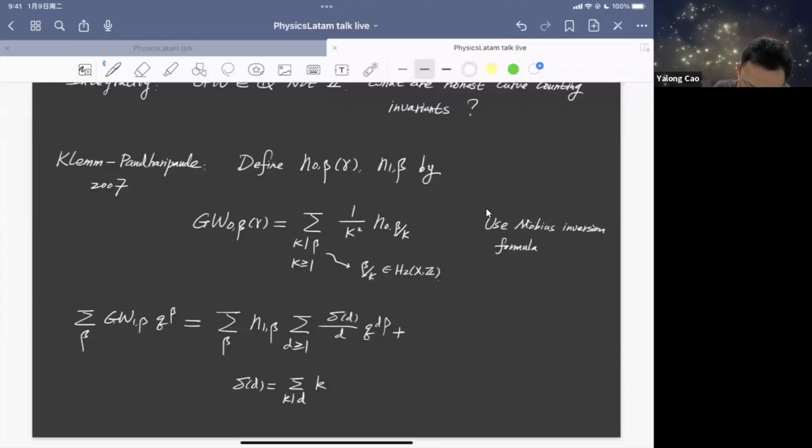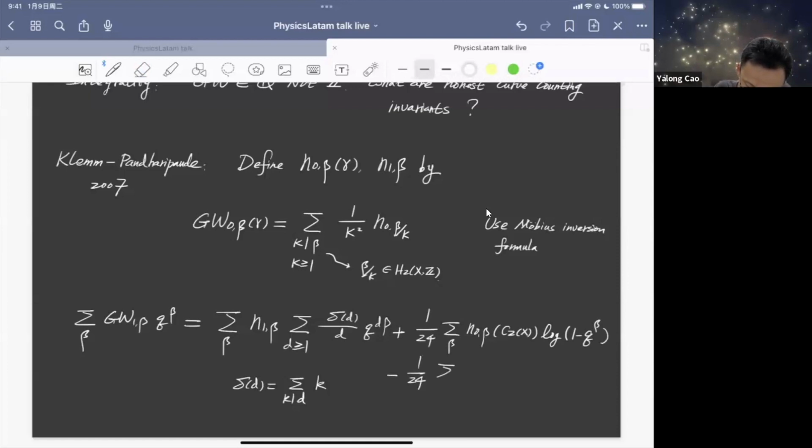The second part involves this n0 beta we just defined from the first formula. Here we put the second Chern class of X as a degree 4 cohomology class, and we put log of 1 minus q to the power beta, summing over all possible beta.